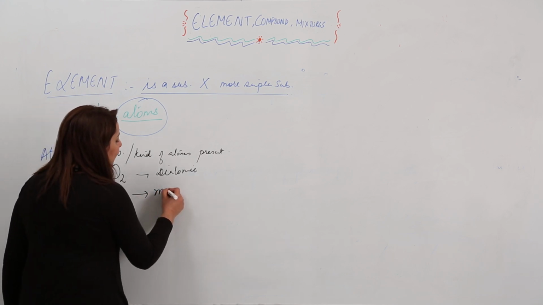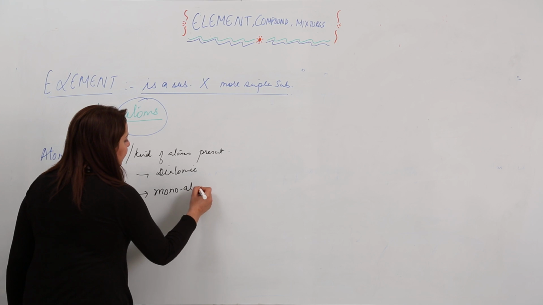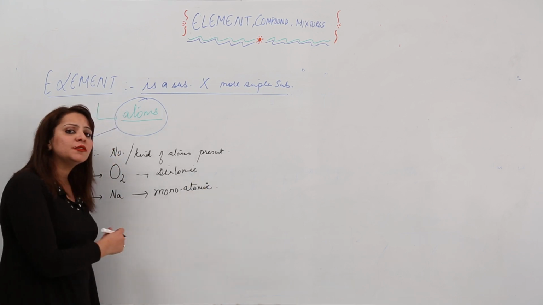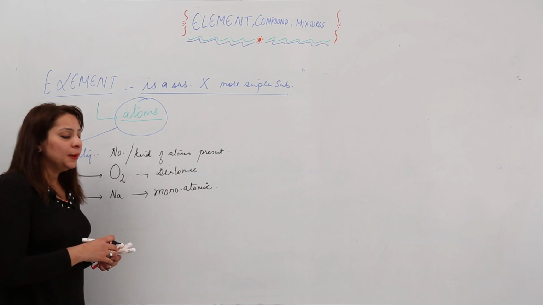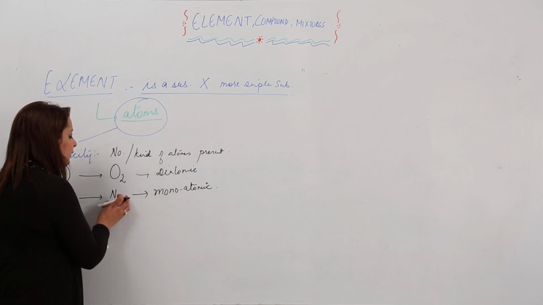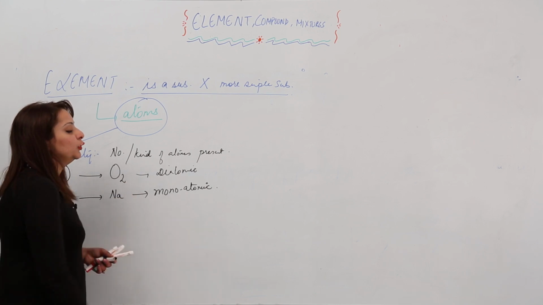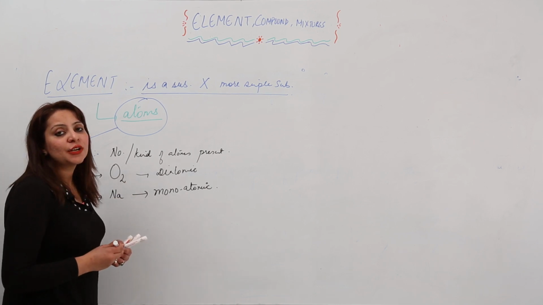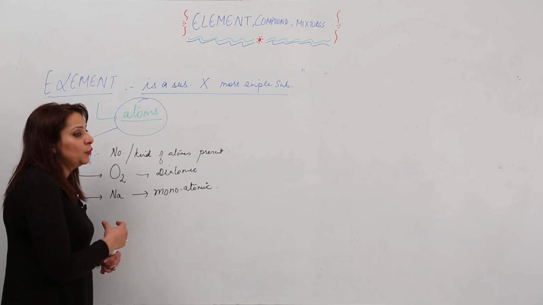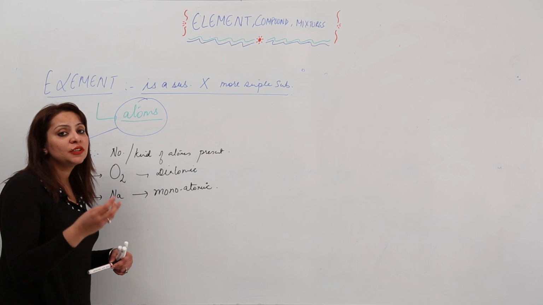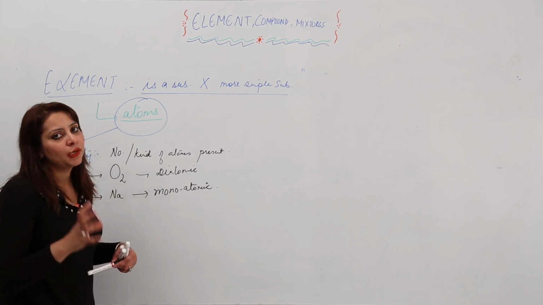That means one atom can individually exist, therefore it is called monoatomic. Though it is formed of many atoms, it exists not as a molecule but in an elemental form, so it is monoatomic. Likewise we can have a triatomic molecule, that means it consists of three atoms.